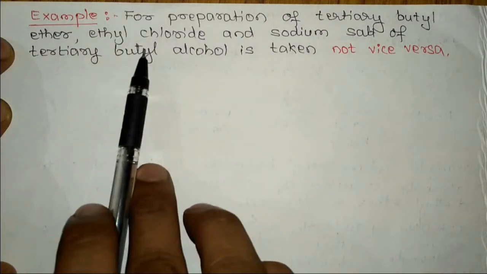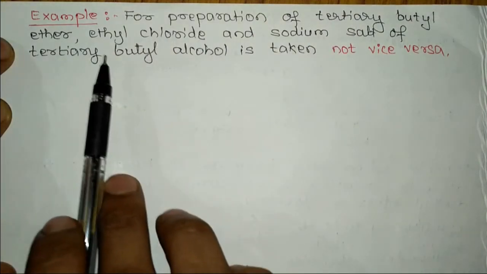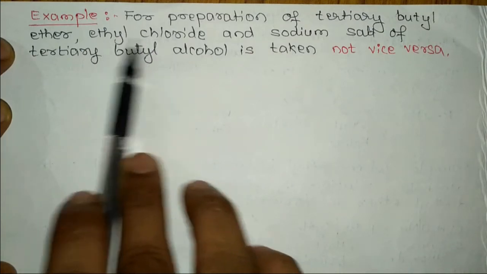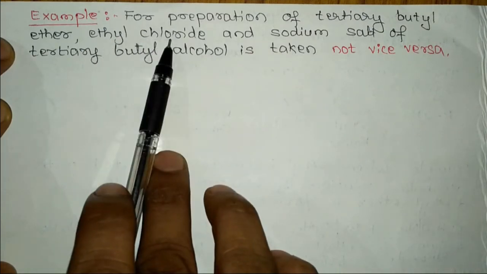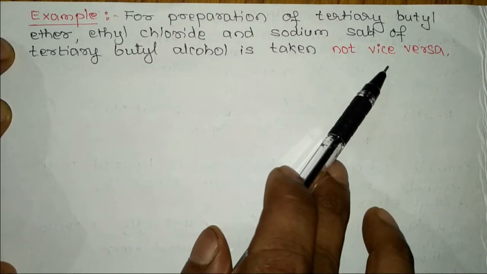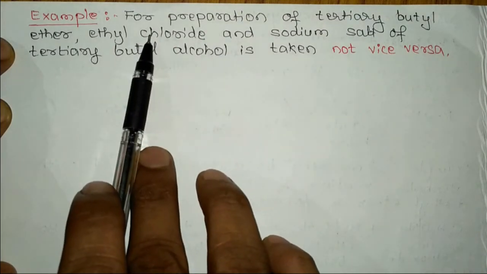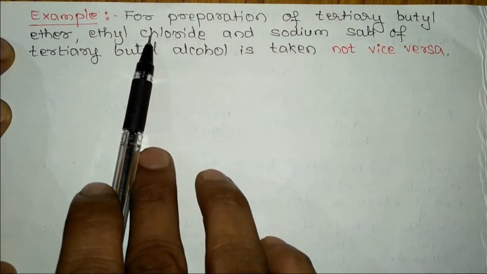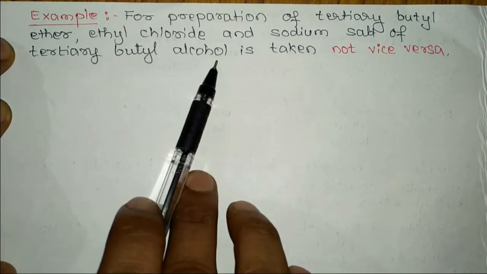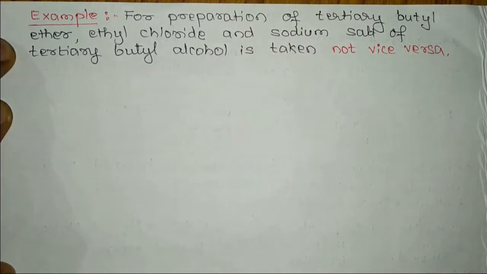Here you cannot take sodium ethoxide and tertiary butyl chloride. If it is reversed, that is, if sodium ethoxide is taken in place of ethyl chloride, and tertiary butyl chloride is taken in place of the sodium salt of tertiary butyl alcohol, you will not end with the ether. We'll discuss both the reactions now.